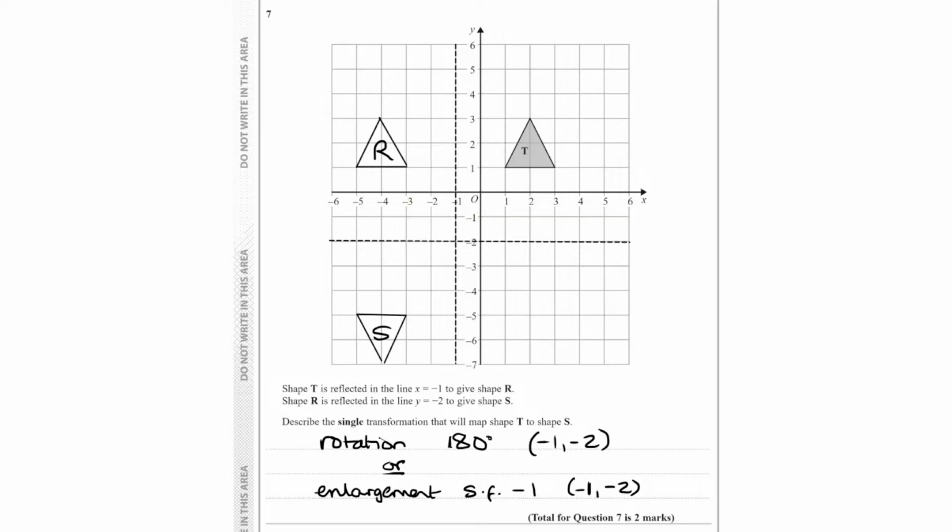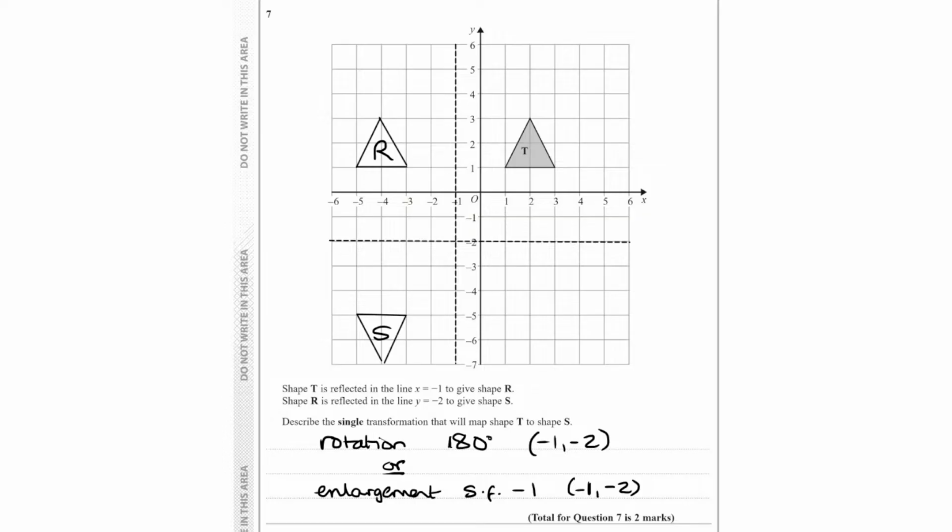That's actually kind of mean. You have to specify. Same with enlargement. You have to say enlargement, either enlargement scale factor -1 or enlargement center -1, -2 to get 1 mark. Interesting, okay. I'm surprised by that. I thought you would get a mark for rotation and then the other mark for the other 2 things, but no, it has to be more than just rotation or more than just an enlargement.